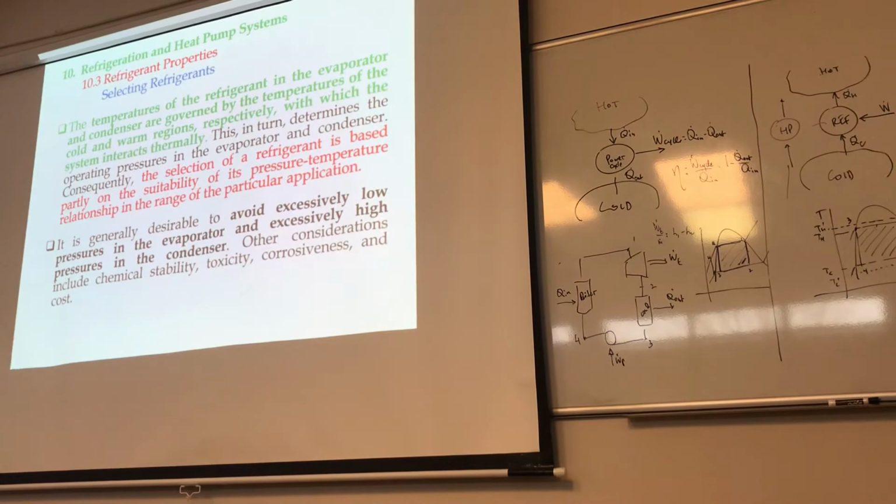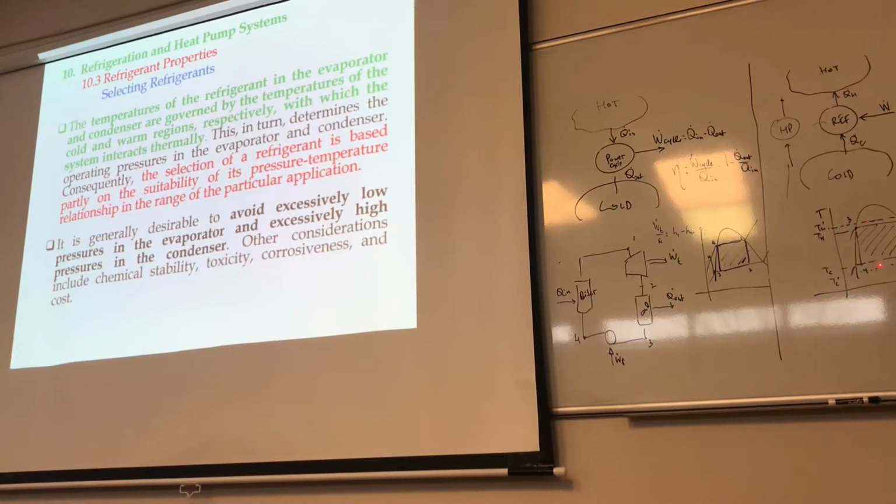Now, in terms of selecting refrigerants, the temperature of the refrigerant in the evaporator and condenser, because eventually when it gets to here it's got a certain TC and a certain TH, are governed by the temperatures of the cold and warm regions. It's not just one size fits all, right?